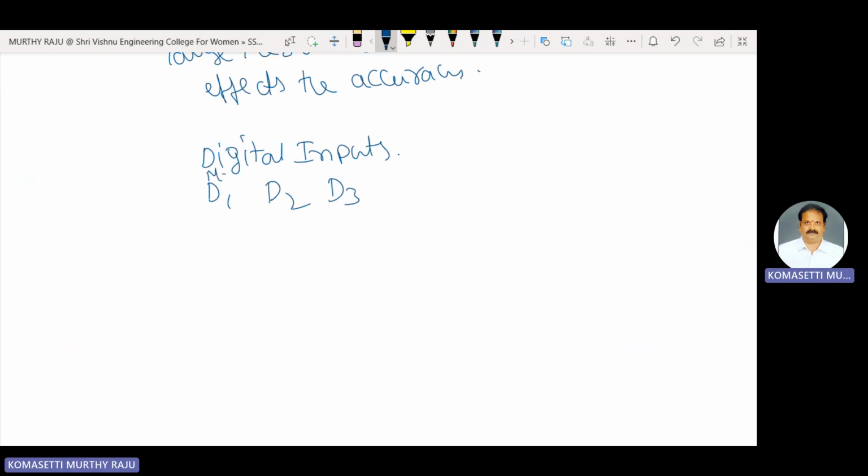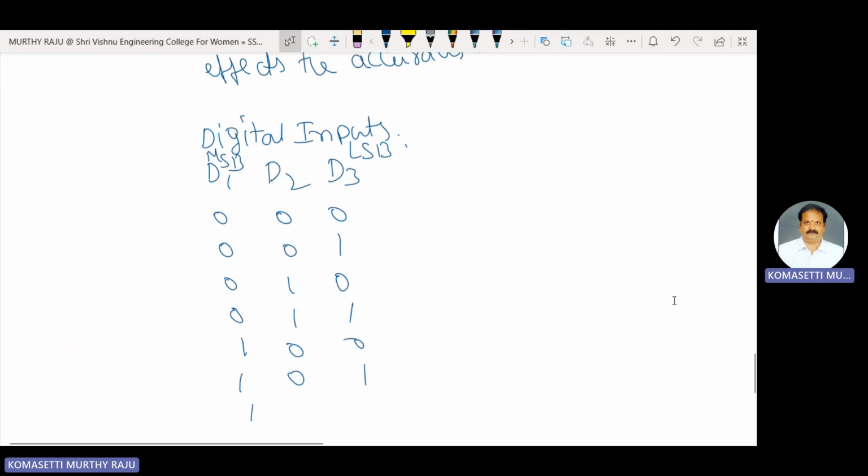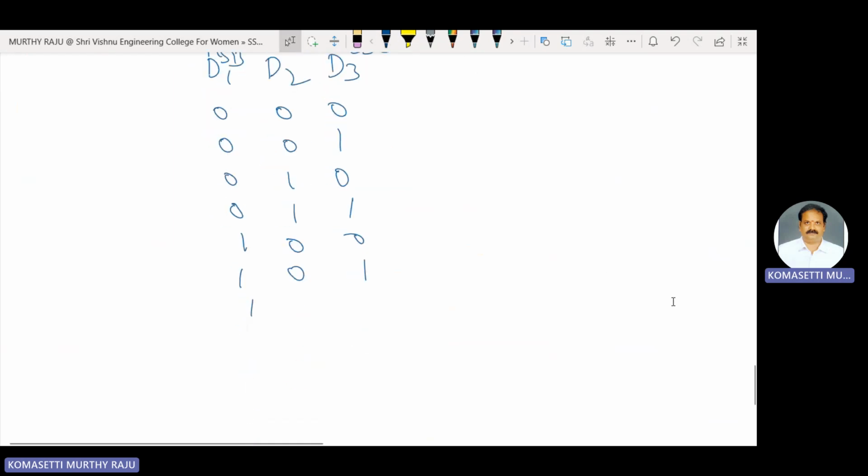This one is MSB, this one is LSB. 3 bits means 0 0 0, 0 0 1, 0 1 0, 0 1 1, 1 0 0, 1 0 1, and 1 1 0, 1 1 1.